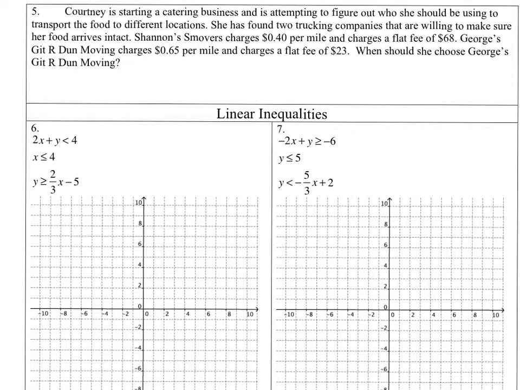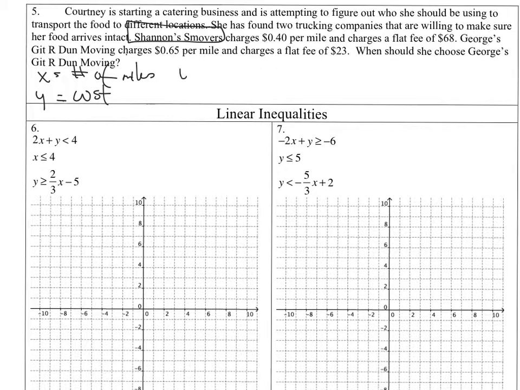Well, to figure this out, I think what I'm going to do is write an equation for both and see where they're equal and then make a decision. So for Shannon's Schmoovers, I'll do that one in black. I'm going to have, let's see, x is going to be number of miles, and y is going to be cost.